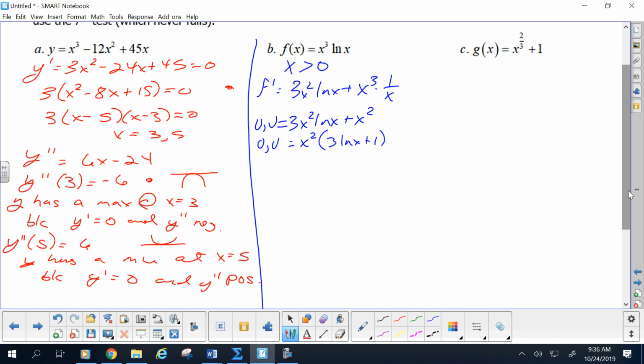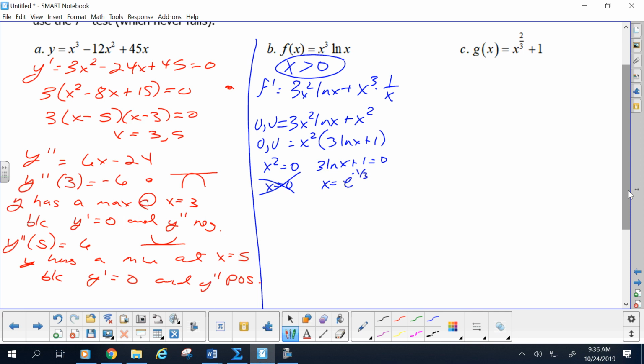All right. So x squared equals 0, or 3 log of x plus 1 equals 0, yeah? So x equals 0, or x equals? e to the negative 1/3. Are they both in the domain? No. Okay, not in the domain.